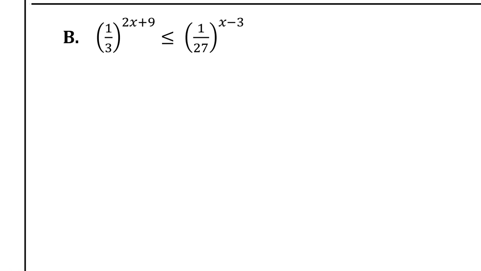Well, 1/3 is the same as saying 3 to the power of negative 1. That's 2x plus 9 must be less than or equal to 27. That's 3 times 3 times 3, and it's in the denominator, so that gives me a negative exponent, raised to the power of x minus 3.